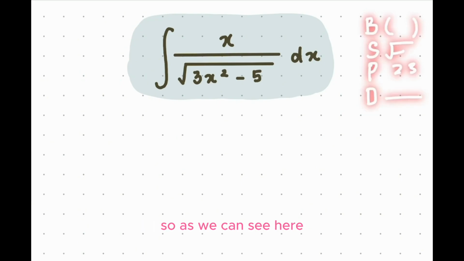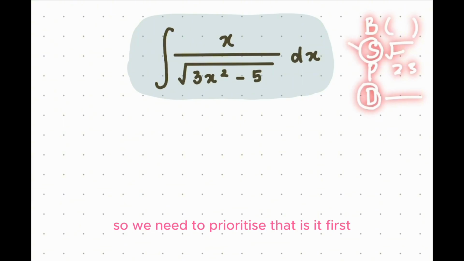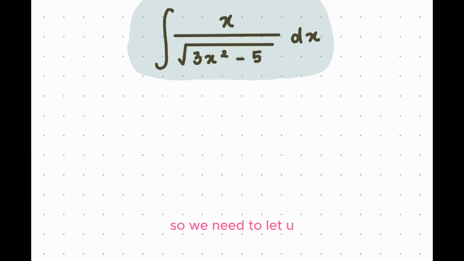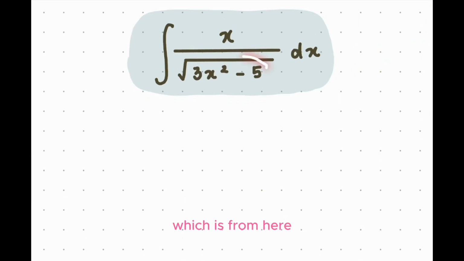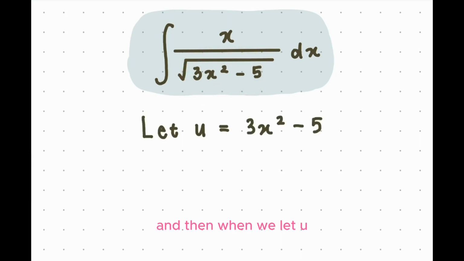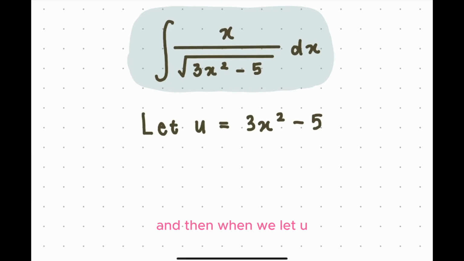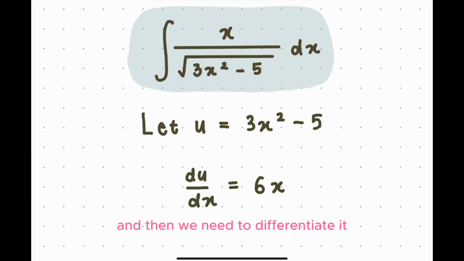So as we can see here, we have sec and also a denominator, so we need to prioritize the sec first. We need to let u be this sec, and then we differentiate it.